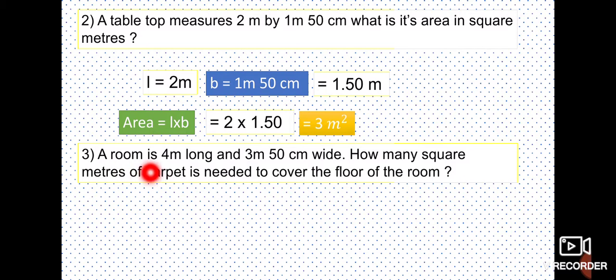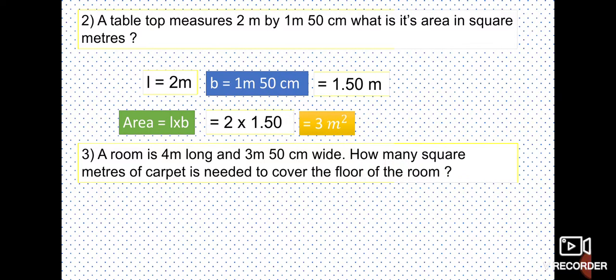A room is 4 meter long and 3 meter 50 centimeter wide. A room, its length is 4 meter and breadth, wide means width, that is breadth. Breadth is 3 meter 50 centimeter. How many square meters of carpet is needed to cover the floor of the room?